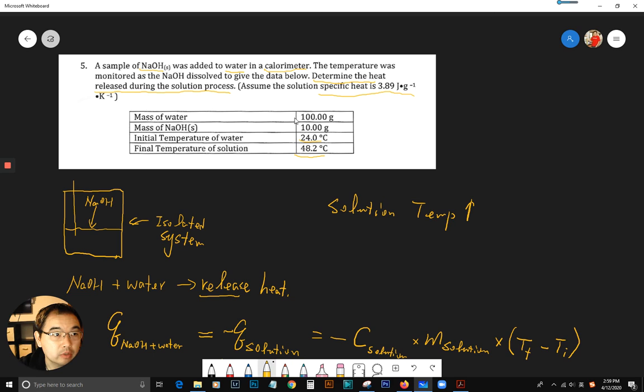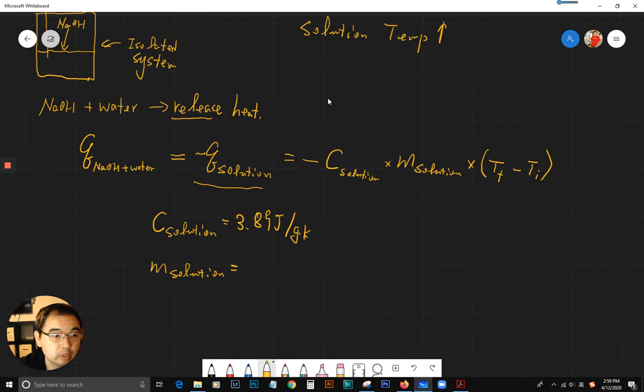We have the mass of the water and the mass of the sodium hydroxide. When the sodium hydroxide dissolves in the water, the solution mass is the total of the mass of water plus the mass of the sodium hydroxide, which is 100.0 plus 10.0 gram. So the total is 110.0 gram.